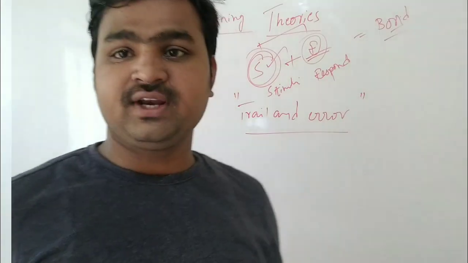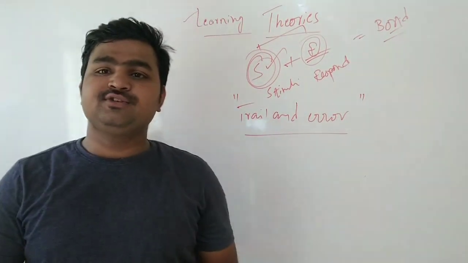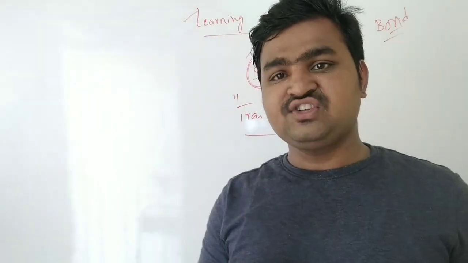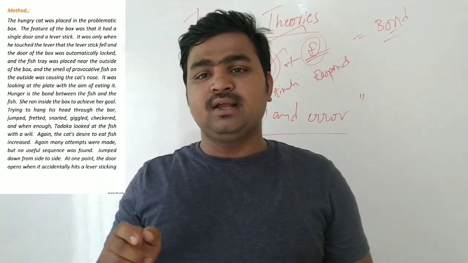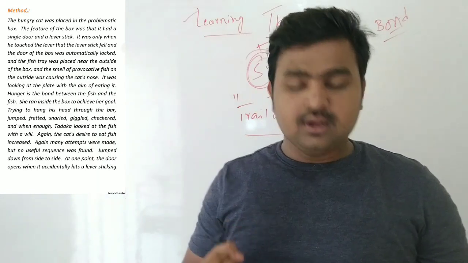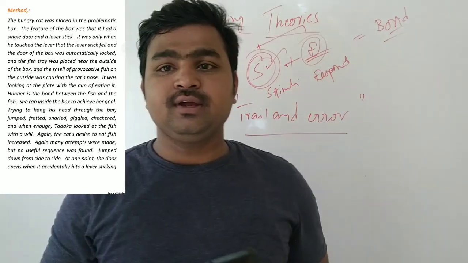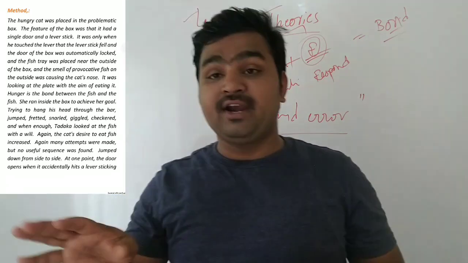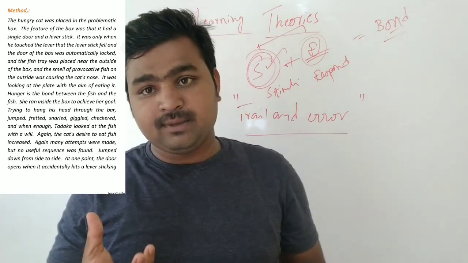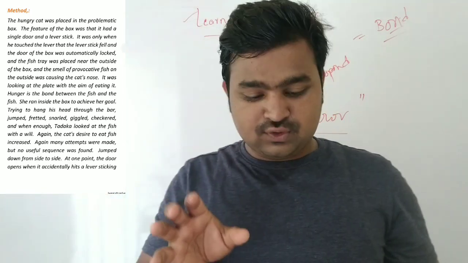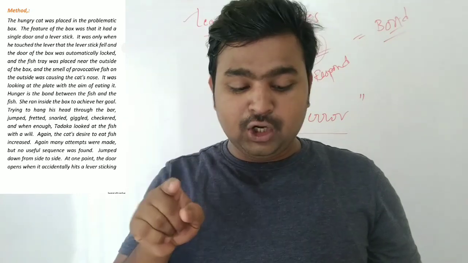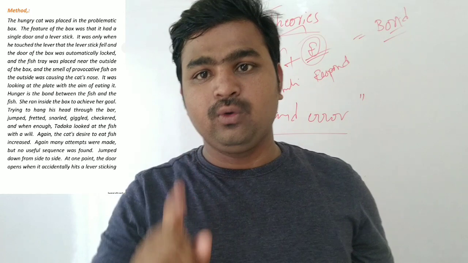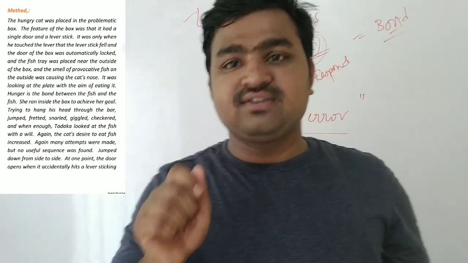We have learned he used three things in the experiment: the problematic box, fish, and a cat. The method is that he took a hungry cat and put it into the puzzle box. The feature of that box was that it had a single door and a lever stick.